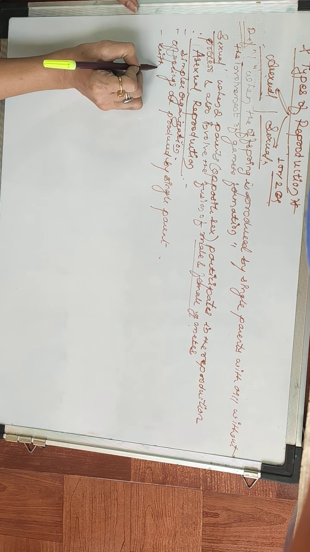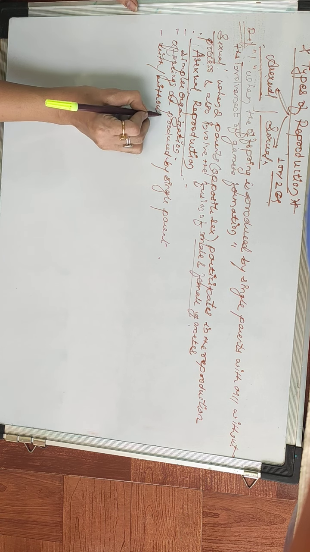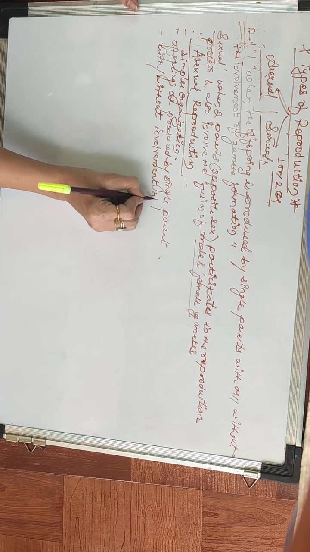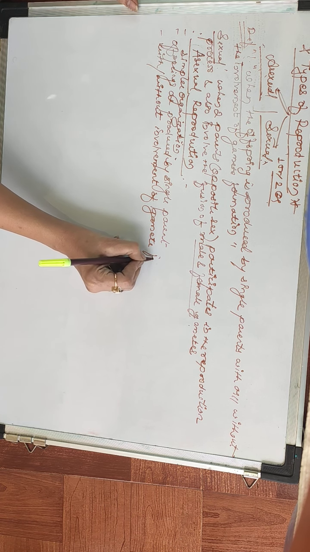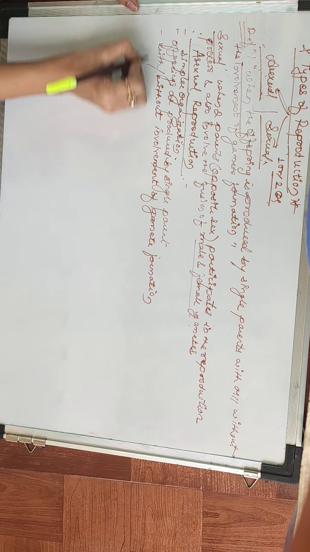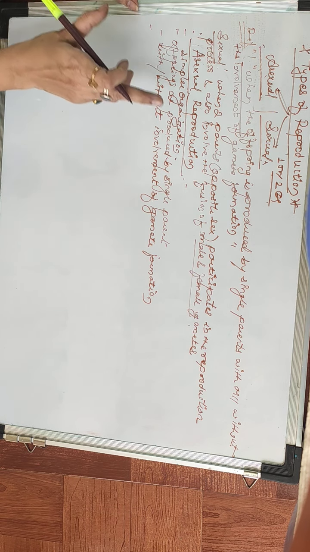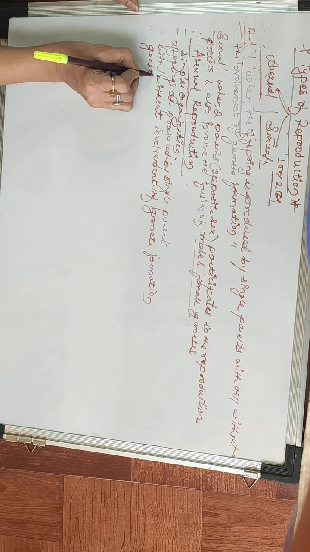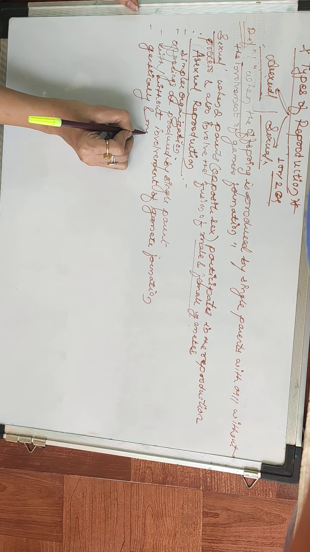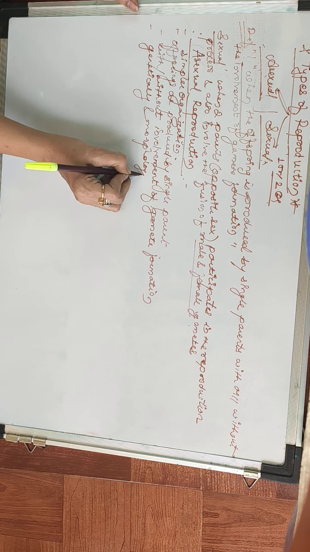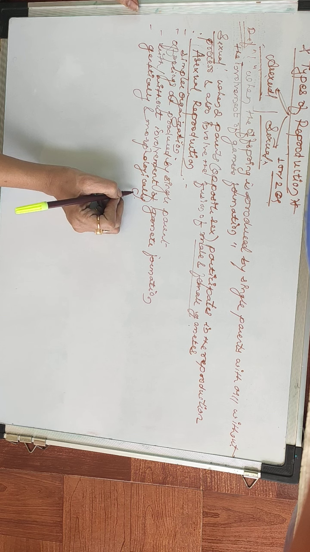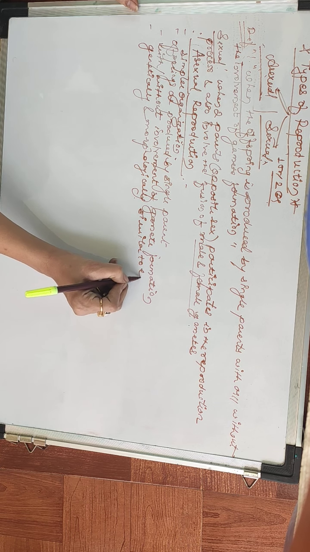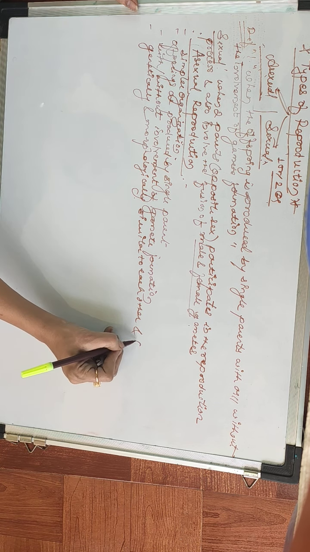Whatever offsprings are produced are genetically and morphologically similar to each other and to their parents also.